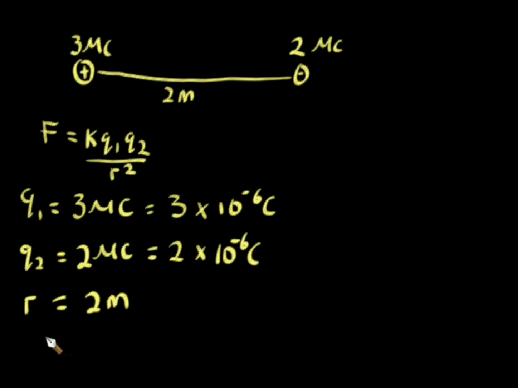So the force is equal to, remember that our K is equal to what? 9.0 times 10 raised to power 9, and the unit will be Newton meter square Coulomb inverse square.